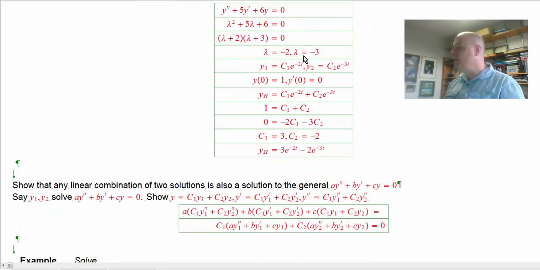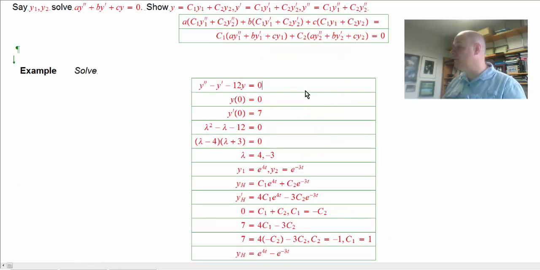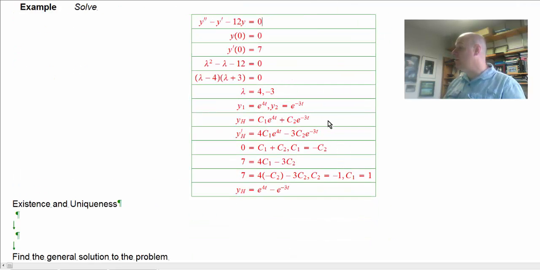But let's look at the 3 examples we solved. This one, eigenvalues negative. So when I have a linear combination of those two pieces with the negative eigenvalue, as t goes to infinity, this piece goes to 0 and this piece goes to 0. So the homogeneous solution goes to 0 because both eigenvalues are negative. In this next example, we've got a linear combination of e to the 4t and e to the -3t.